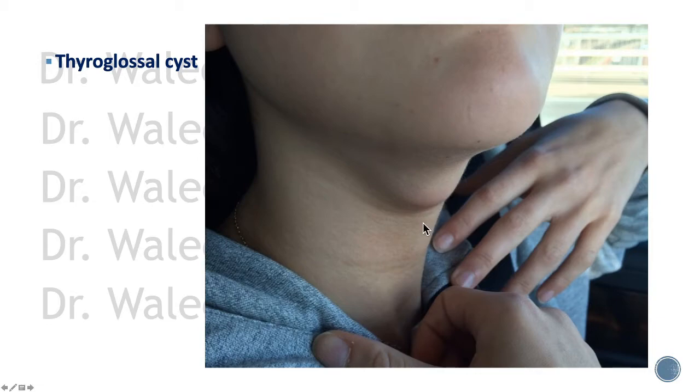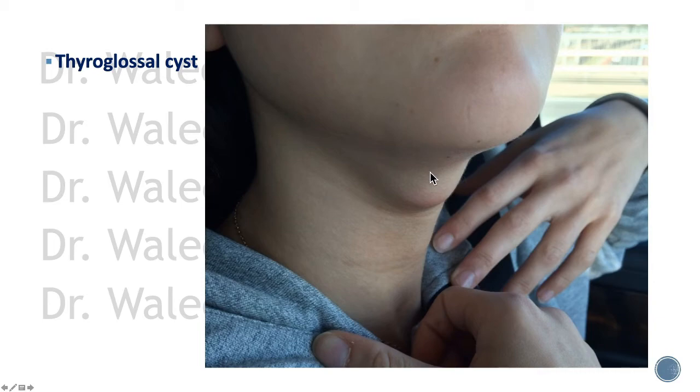Now, suppose that it went up. Now ask the patient to protrude the tongue, or you pull it with a piece of tissue or gauze. You pull the tongue. If you see the mass go up with the pull, this means that it's most probably a thyroglossal cyst.